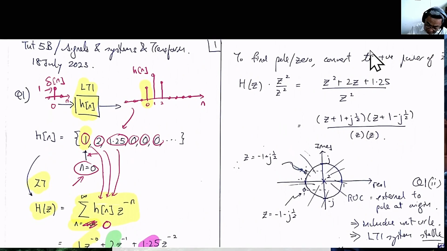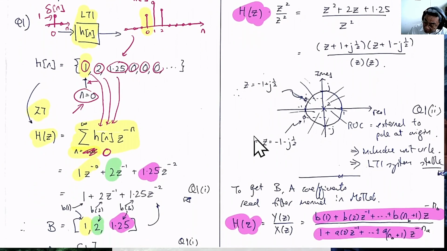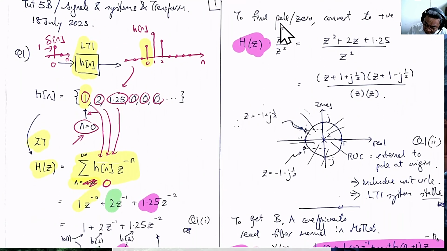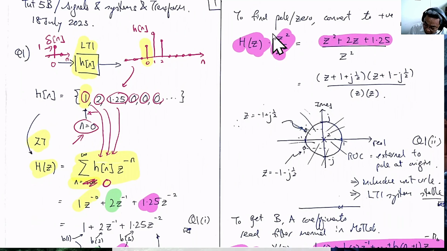We take the H of z, and remember that currently my H of z is in negative powers of z, which is not in an appropriate form. So we multiply the top and bottom by z squared to convert these negative powers of z into positive powers of z. So we have the original sequence on top, and below we have z squared.